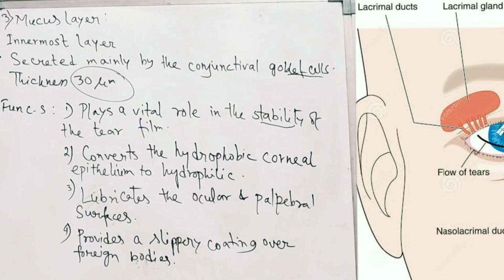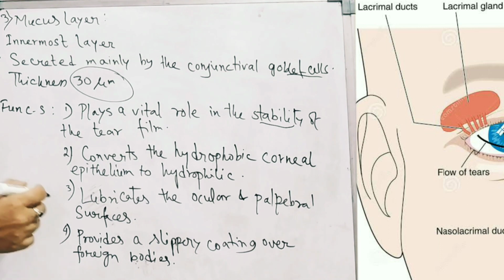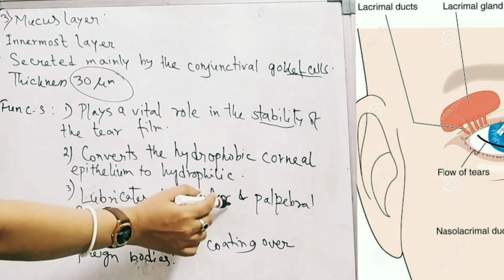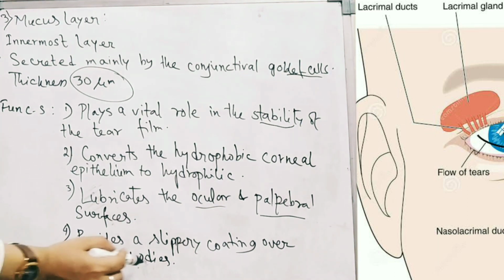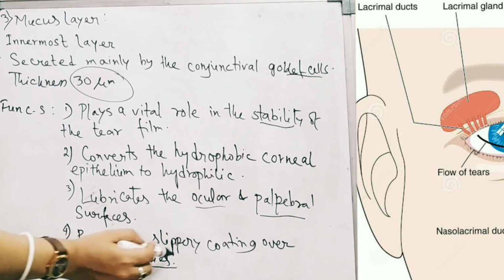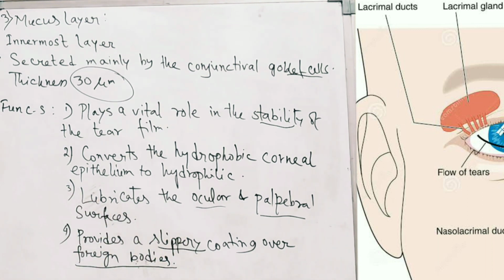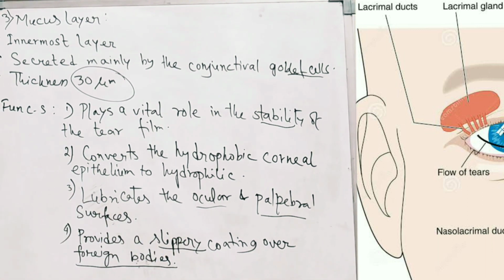They lubricate the ocular and palpebral surfaces and provide a slippery coating over the foreign bodies. So in this way they basically act as a protecting layer of the tear film.